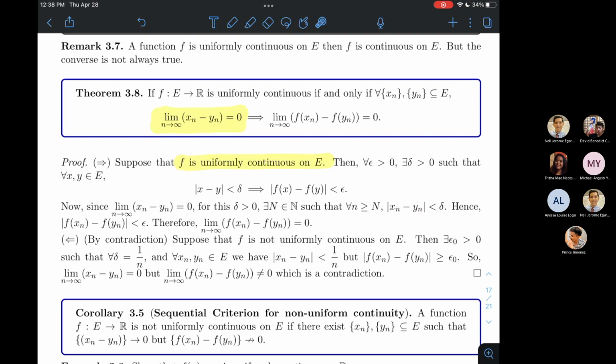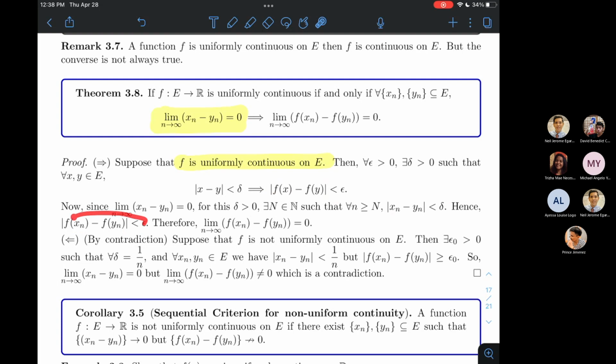Pero sabi nung nakuha natin sa definition, kapag may dalawa kang numbers na ang absolute value ay mas maliit kay delta, magpa-follow yung epsilon inequality. So from here, I know that f of xn minus f of yn will be less than epsilon. All right?